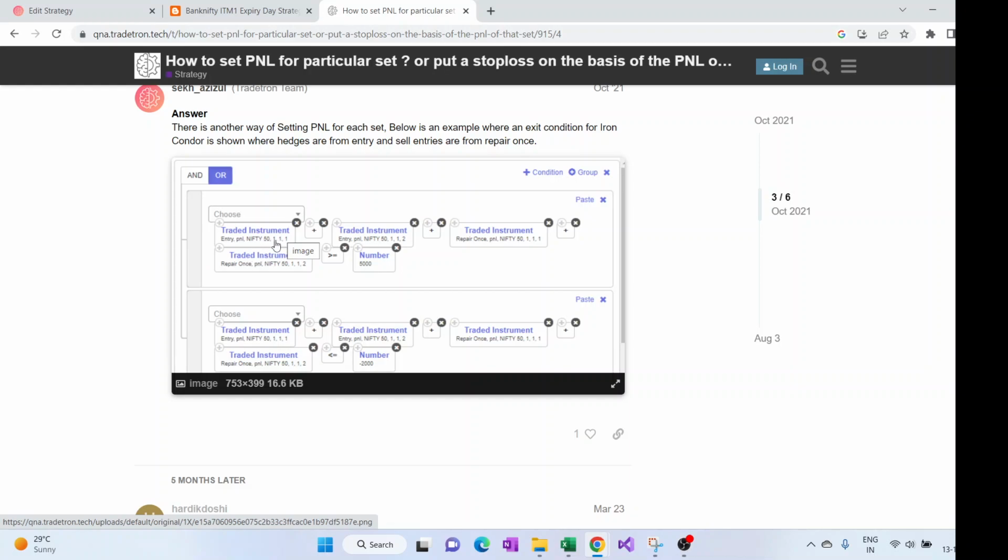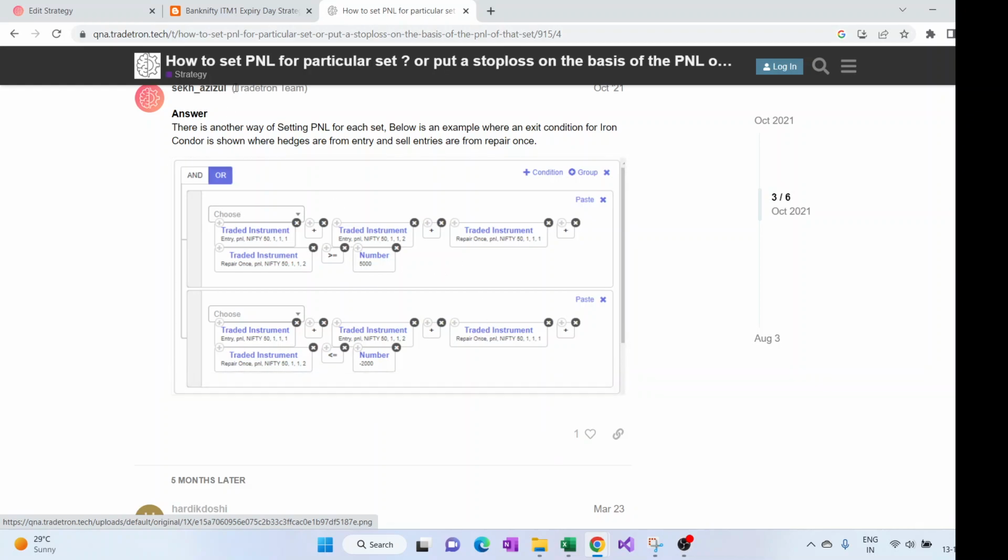This first number is the set, and the instruments which you are trading, like 1, 2, and the repair ones condition. All of that you can sum up, and once you sum it up, it can be checked. If this is greater than or equal to 5,000, it means the profit is becoming more than 5,000, and less than or equal to minus 2,000 means the loss is becoming more than 2,000. Then you can exit from this strategy.